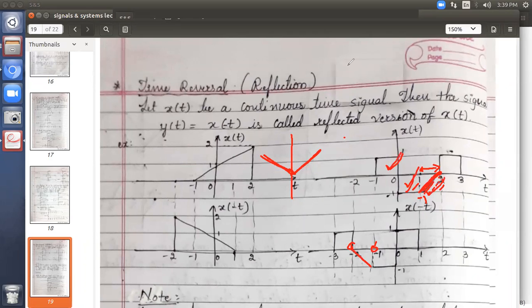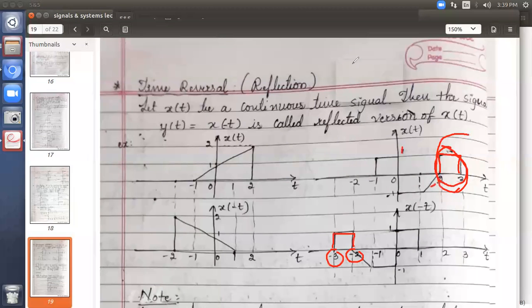Now coming to one more block, between 2 to 3, we have this box with the amplitude 1. If I put a negative sign in the time, it is between -2 to -3. So between -2 to -3, this complete block should be drawn. This is how the complete mirror image of this looks like.